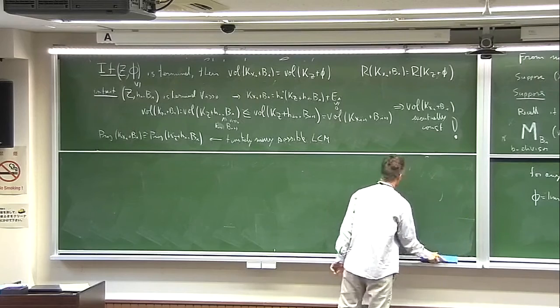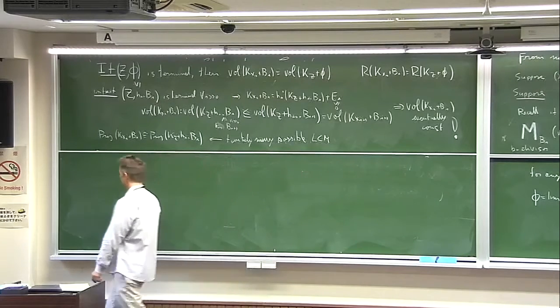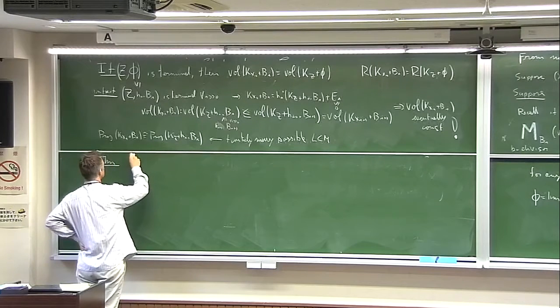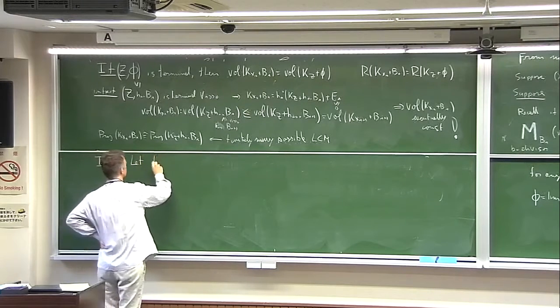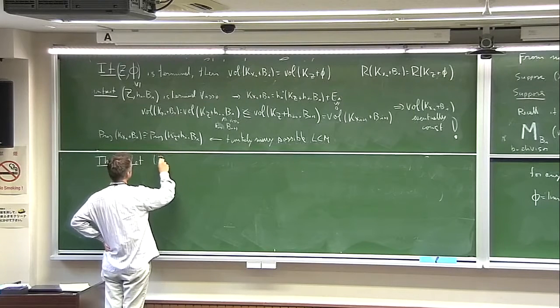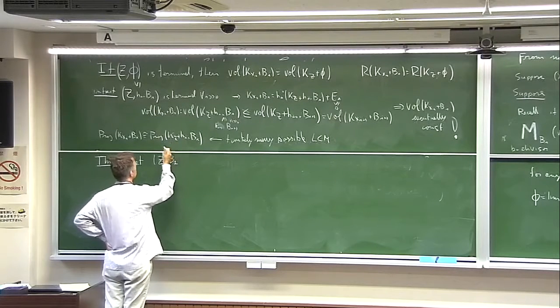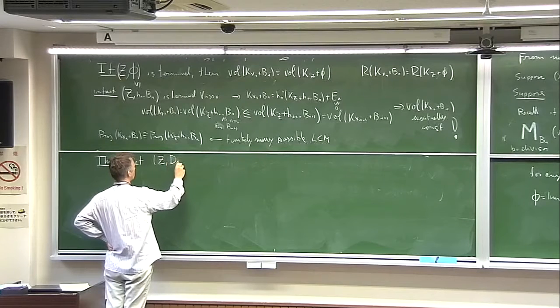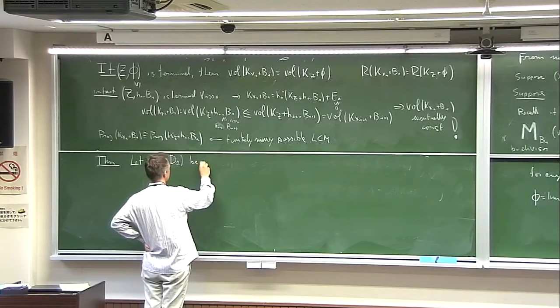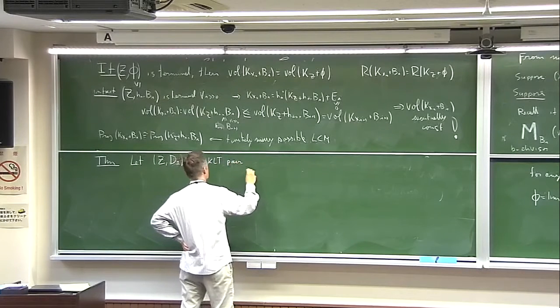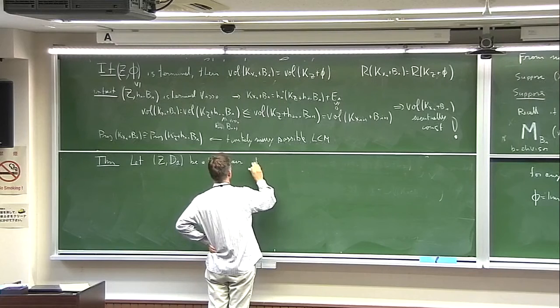So I have to borrow a theorem from the minimal model program. And the theorem is the following. Let (Z, D1) be a KLT pair, let's say with simple normal crossings for simplicity.